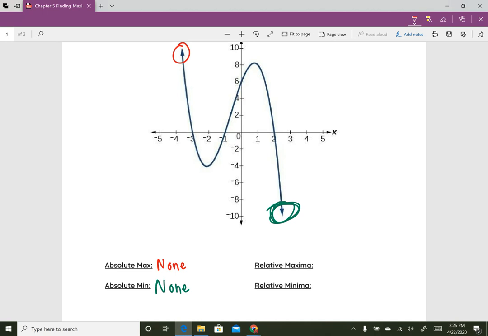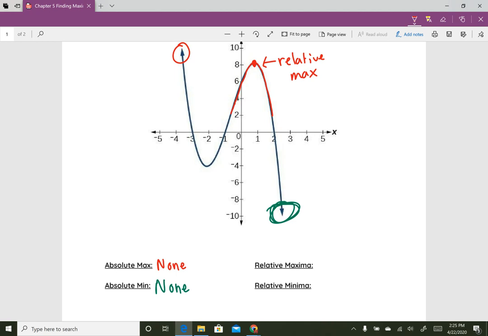Anywhere my graph goes from increasing to decreasing, that point is my relative max, right? So we're looking for a little hill in the graph. So that hill is right here. I outlined it in red.